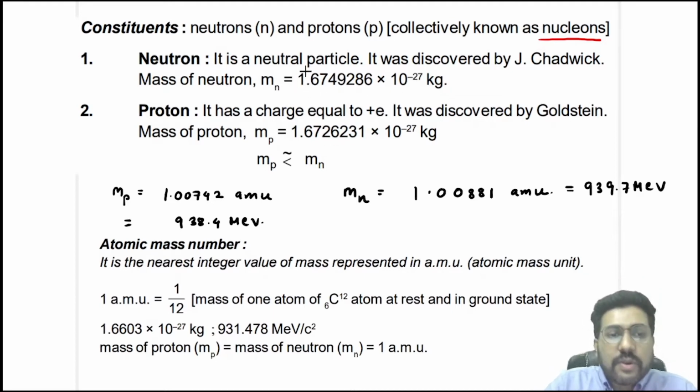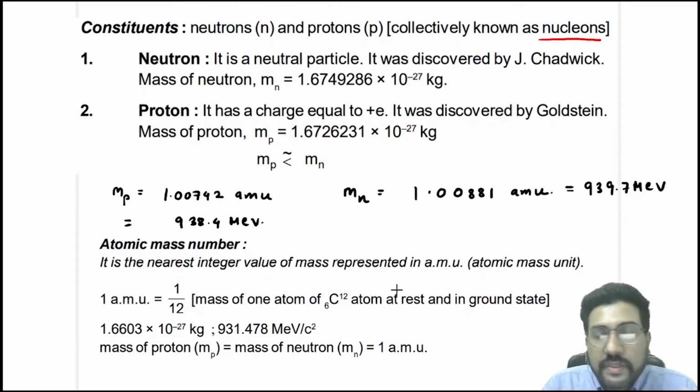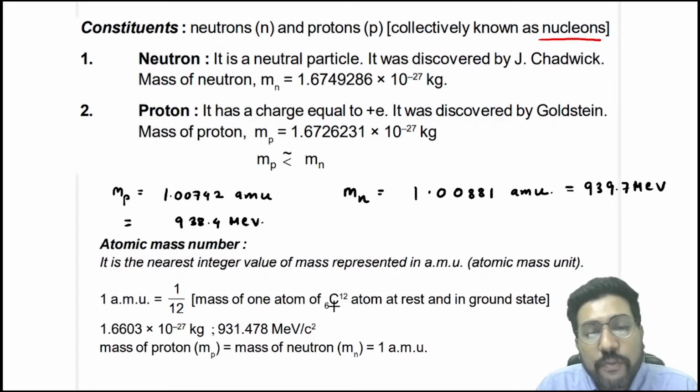Okay. So, now we will define what is atomic mass unit. What is 1 AMU? 1 AMU is defined as 1/12th of the mass of one atom of the C12 isotope of carbon, which is at rest and in ground state.